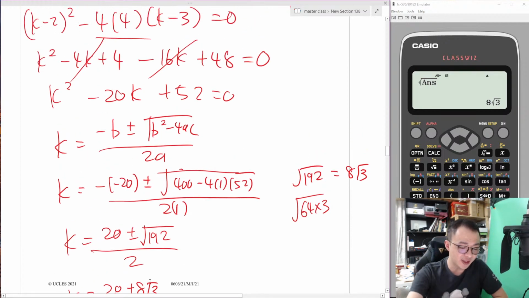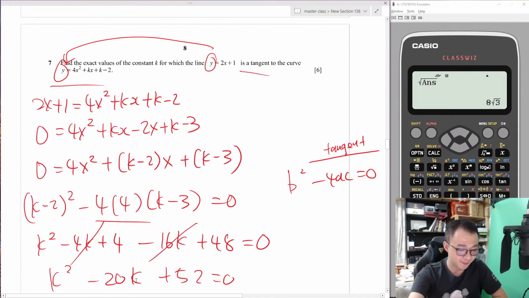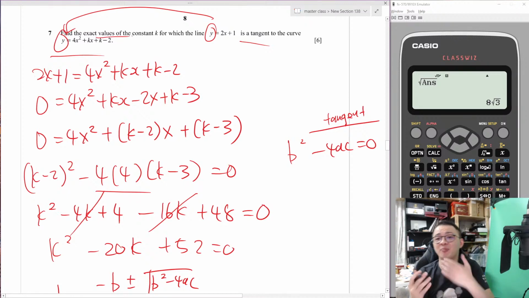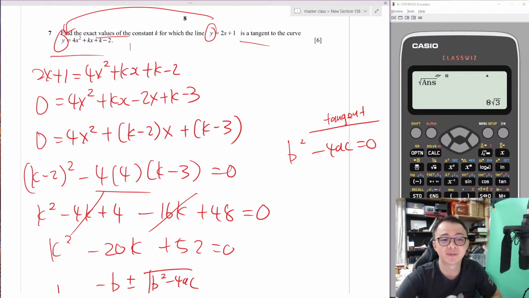Alright, does the question say they want plus or minus here? Values. Okay, so I guess they can accept both answers, plus and minus. Basically the tangent normally has two different answers.